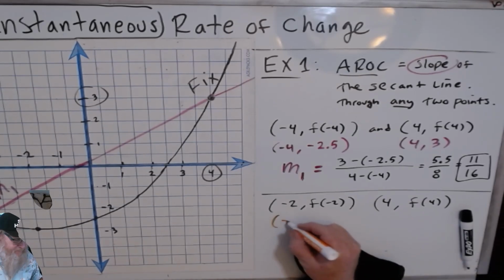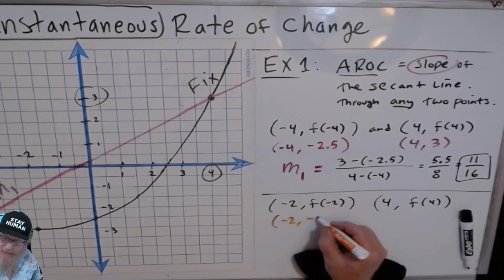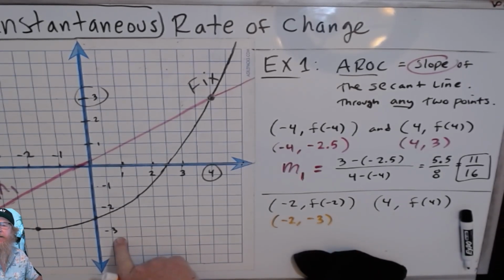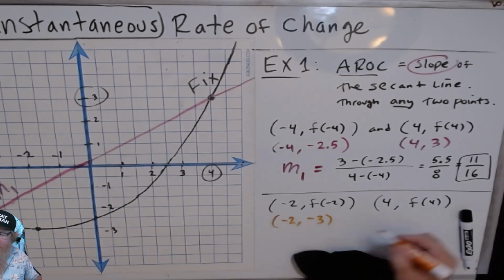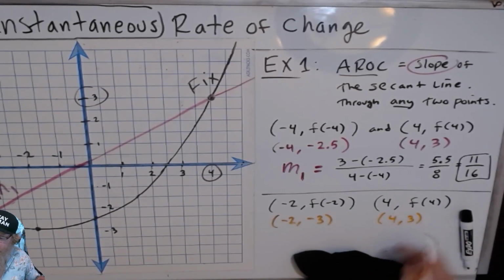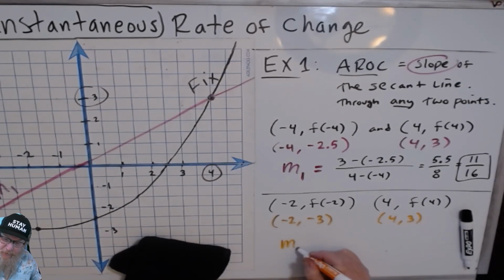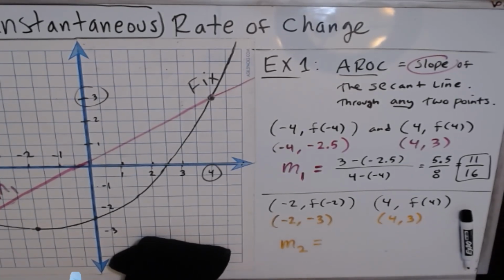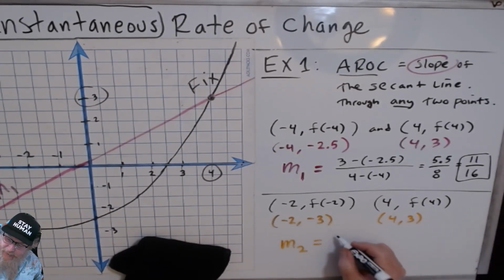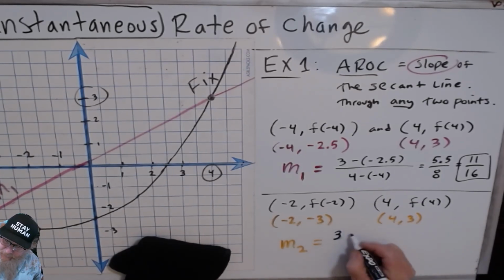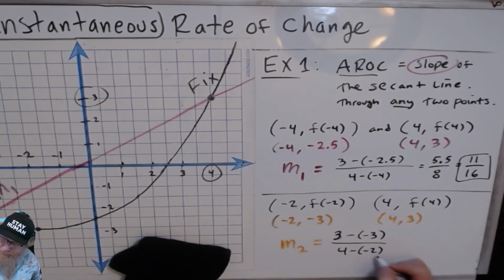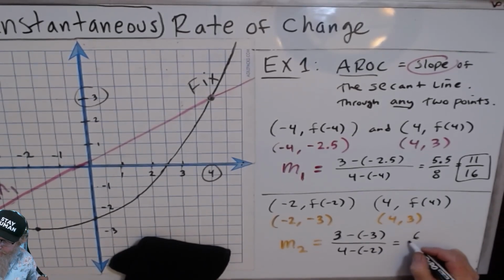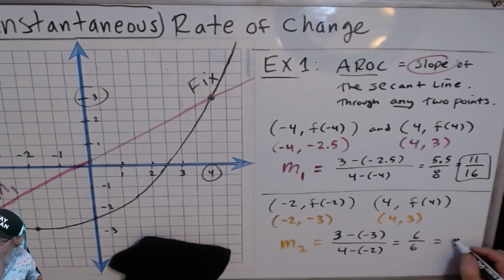So it looks like we have -2 and -3 is the y value here. And then this is still the same point, 4, 3. So our slope, we'll call this slope 2, is, let me switch back to black, 3 minus -3 over 4 minus -2, which is 6 over 6, which is 1.